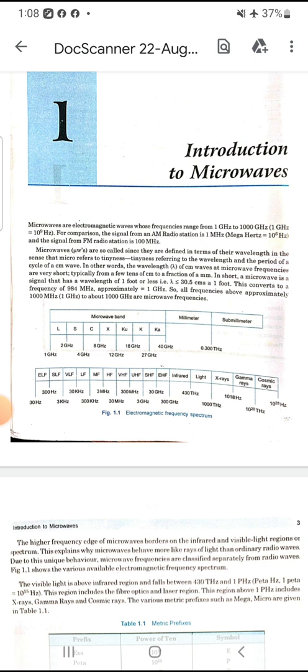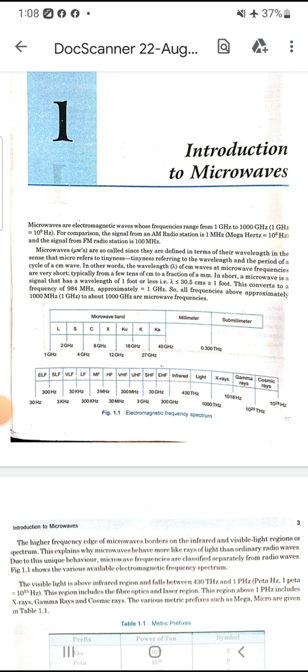Then after UHF, there is the SHF band, super high frequency band. This band has a starting frequency of 3 gigahertz and an end frequency up to 30 gigahertz. Then after SHF, there is the EHF band, called the extra high frequency band, having a frequency range between 30 gigahertz and 300 gigahertz.